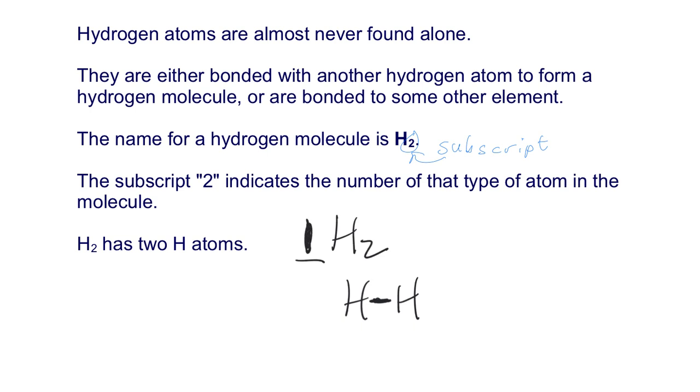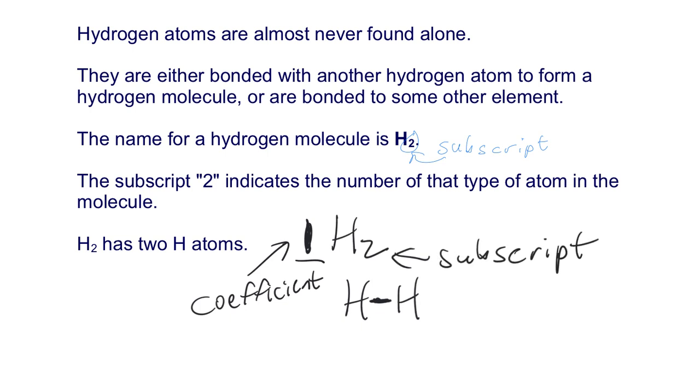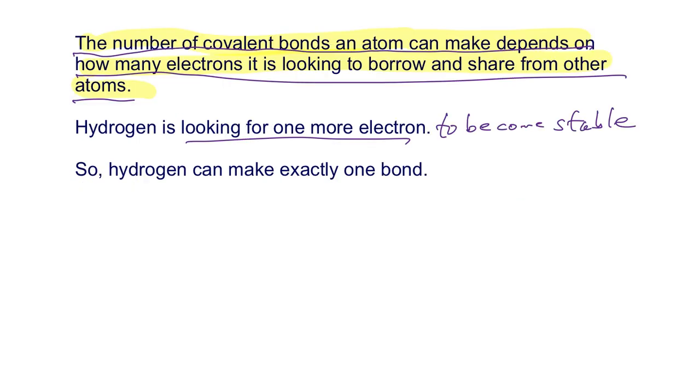That's called a coefficient, because it's assumed if there's no other number there. So that's the coefficient, the number of molecules, and that is a subscript showing you how many atoms are in the molecule.